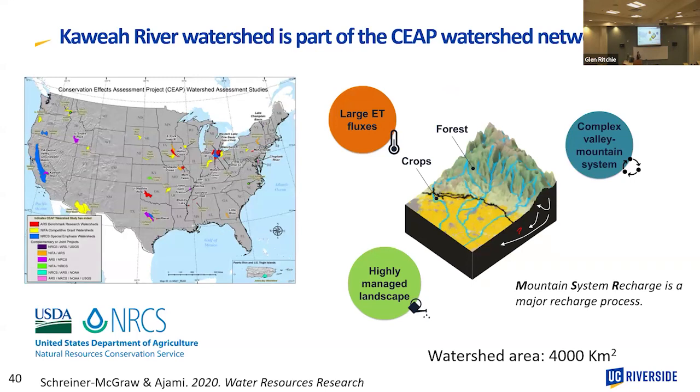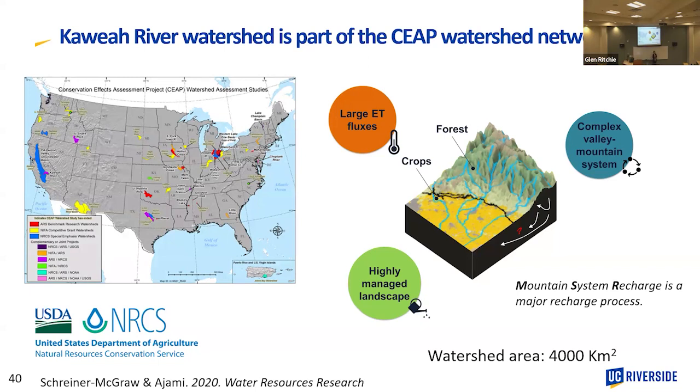So to assess the influence of this variability in meteorological forcing, we established a hydrologic observatory in the southern Sierra Nevada, the Kaweah River watershed. And actually this watershed became part of the NRCS SEEP watershed network. The idea is to develop management strategy to conserve groundwater.